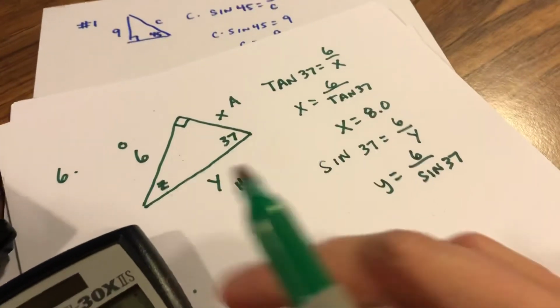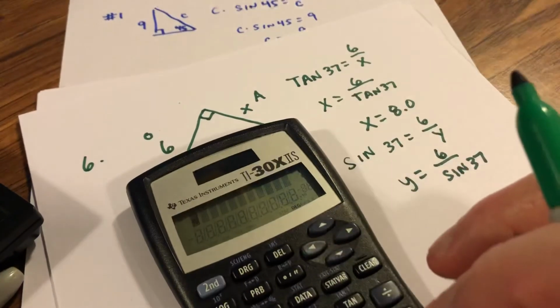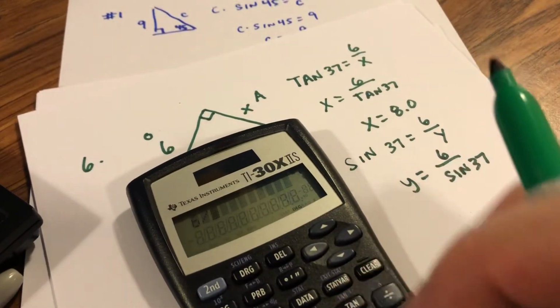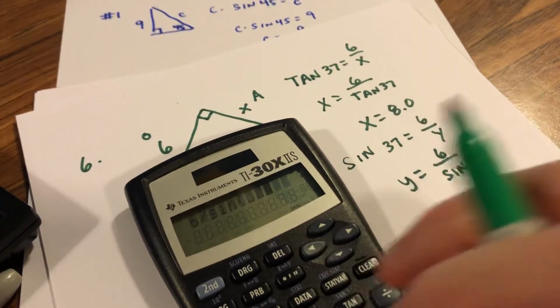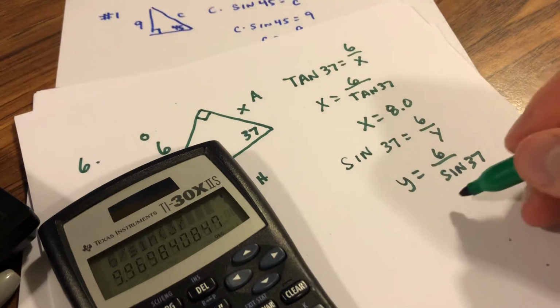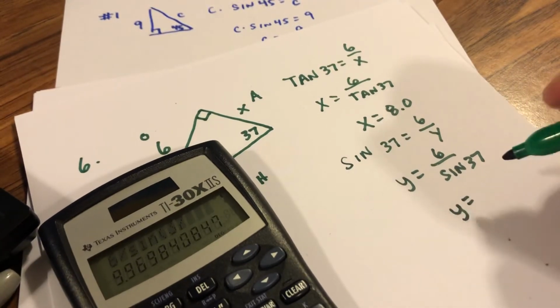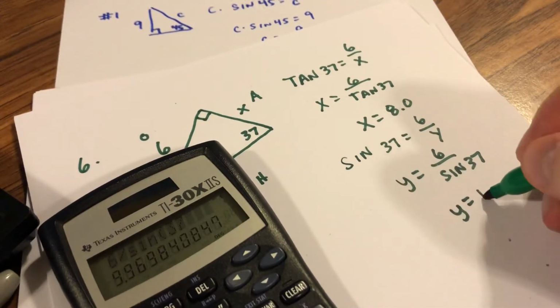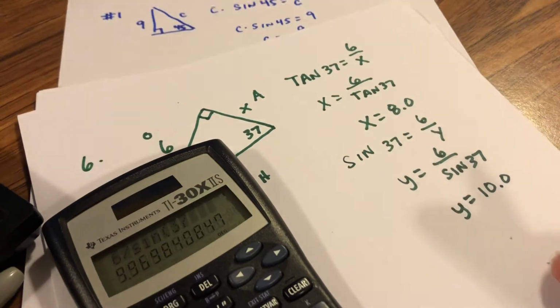So again, I'm going to put that into my calculator here. 6 divided by the sine of 37. That gets me 9.96. So again, rounded to the nearest tenth, that's going to be 10.0.